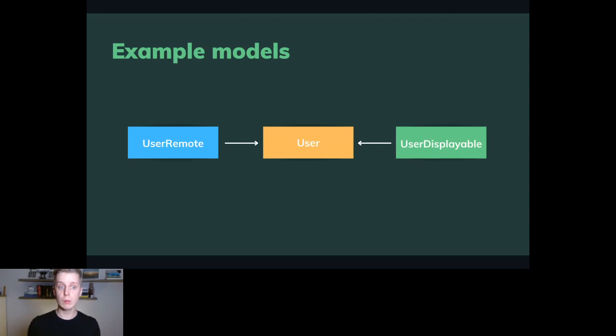So, for example, if we have a user model, we should create separate models for each architecture layer. Why? Because each layer has a different purpose of having this object.